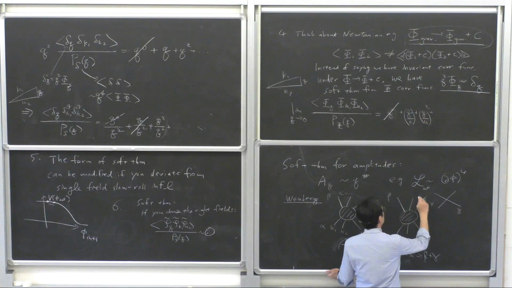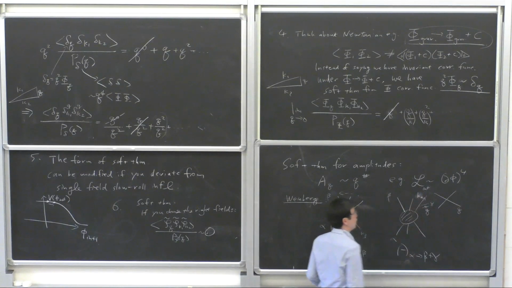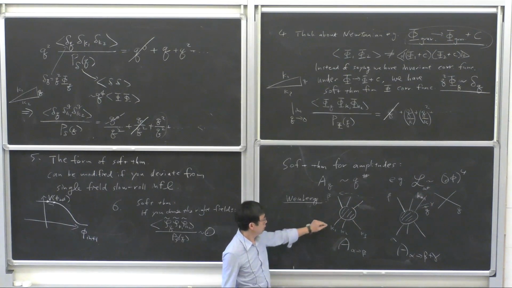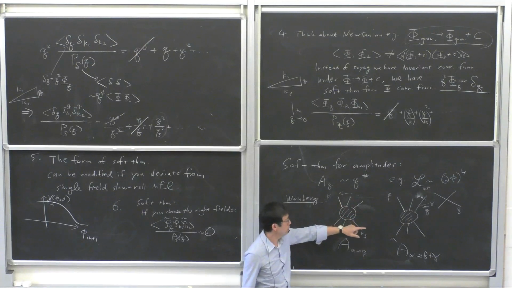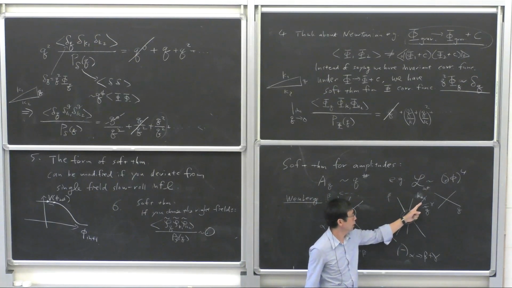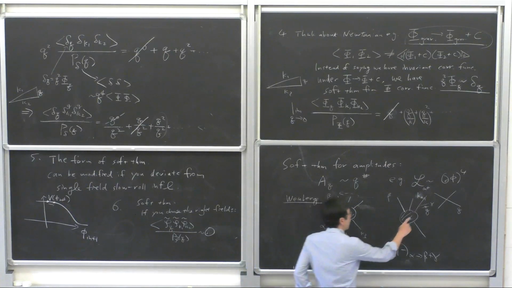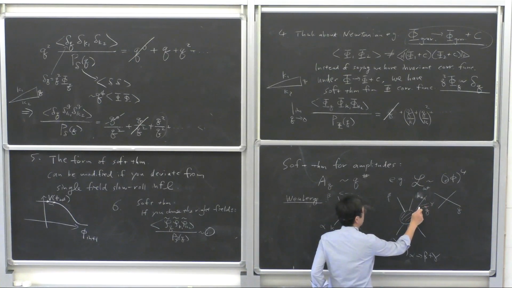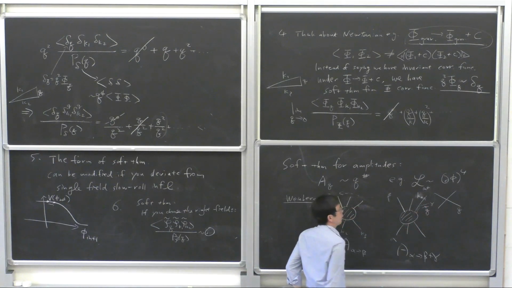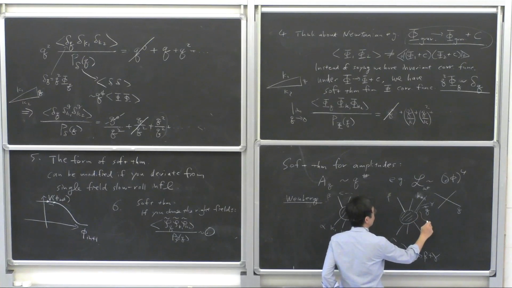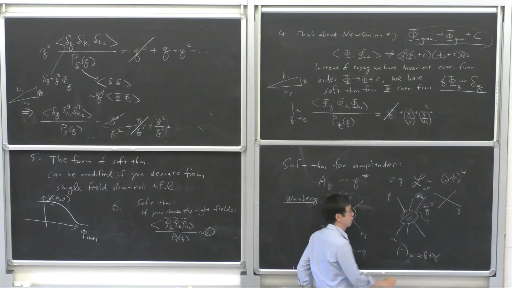Let's say this momentum, let me call it Kn. N basically labels the particles, right? K1, K2, K3, and here is Kn. So this leg is Kn. Because I attach this photon to this particular leg, momentum conservation tells you what?